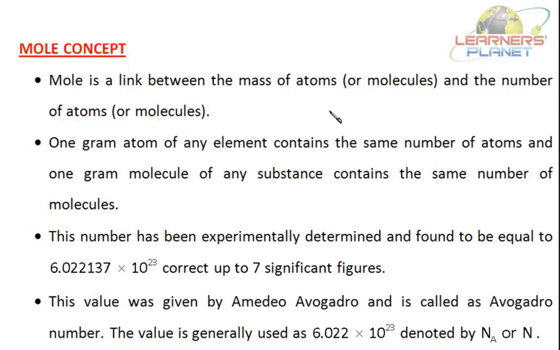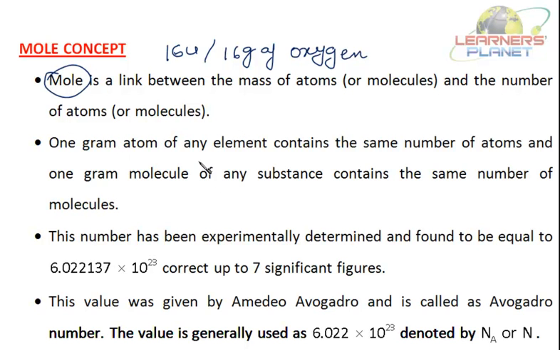Say we have got 16 units, or if I take its gram atomic mass, I've got 16 grams of oxygen. But in this 16 unit or 16 gram of oxygen, how many atoms of oxygen are present? We don't know. There is simple mole.